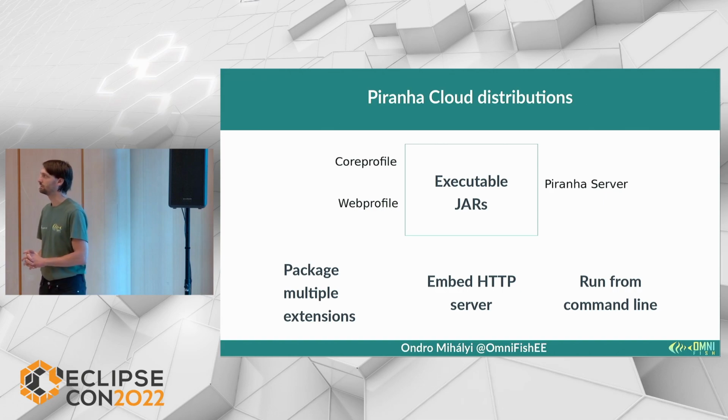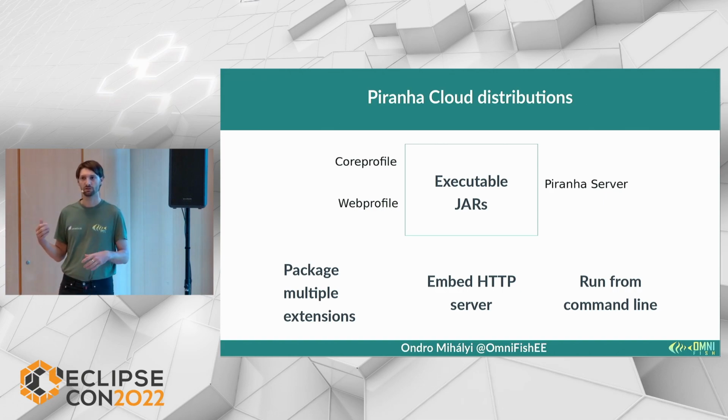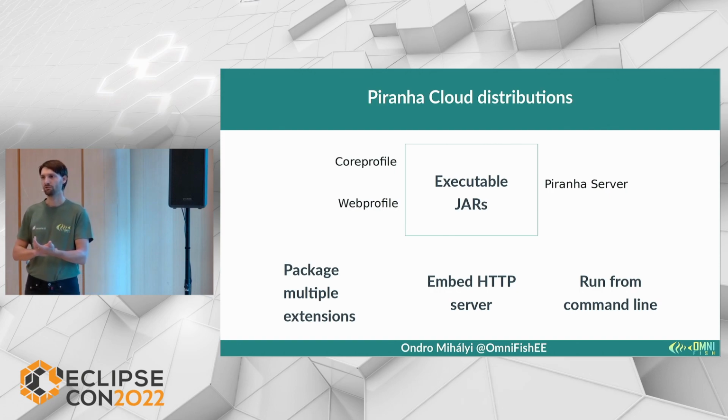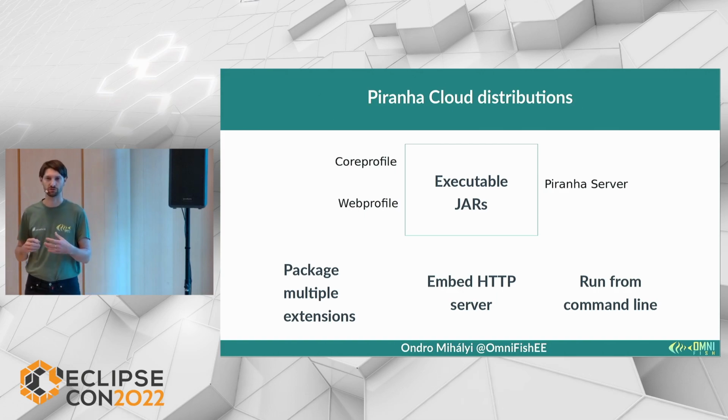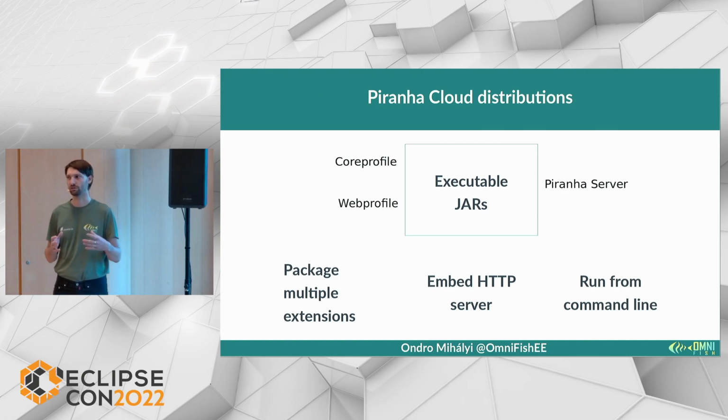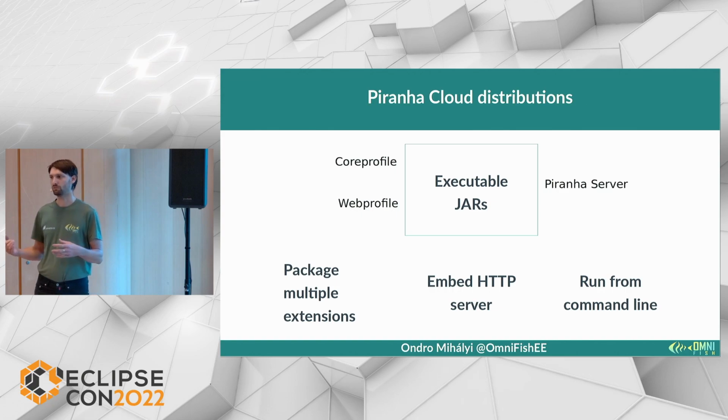And then Piranha Cloud can be embedded, so you can run it from your code, but you can also run it the other way around. You can take one of the packaged distributions which already provides some subset of Jakarta EE and some extensions in a coherent way, and create a web application and run it together with this runtime on the command line.